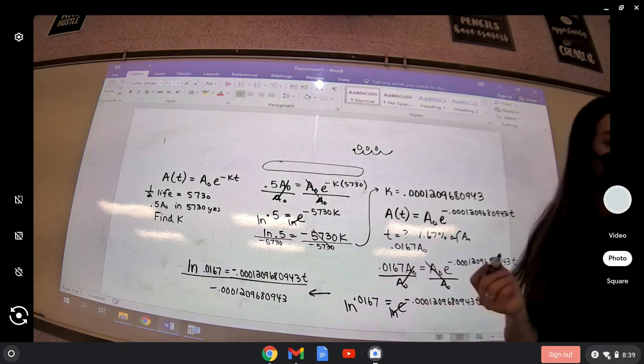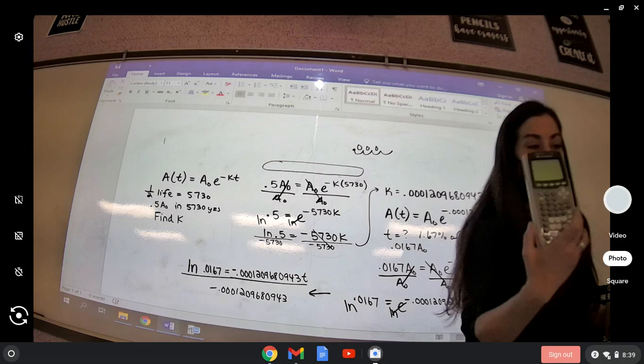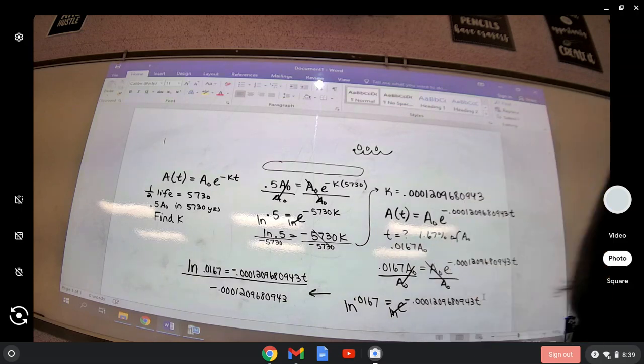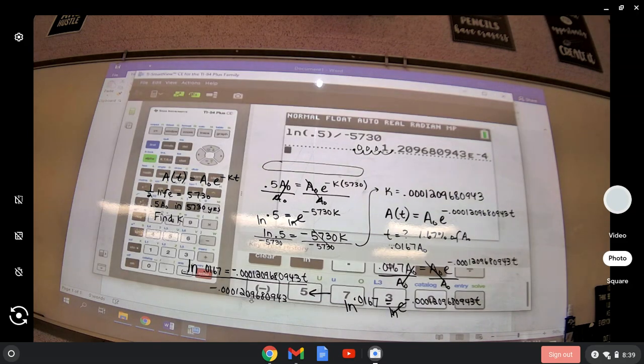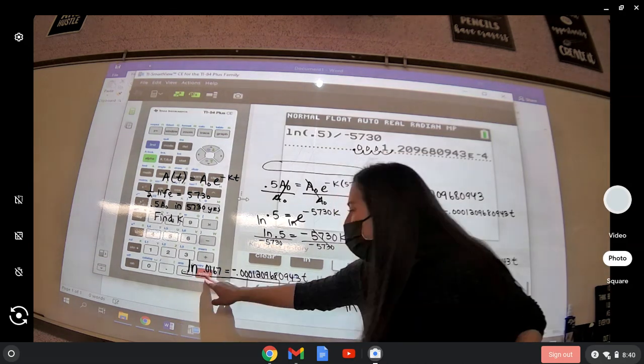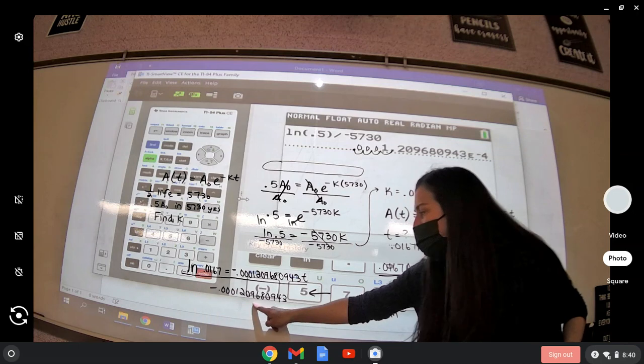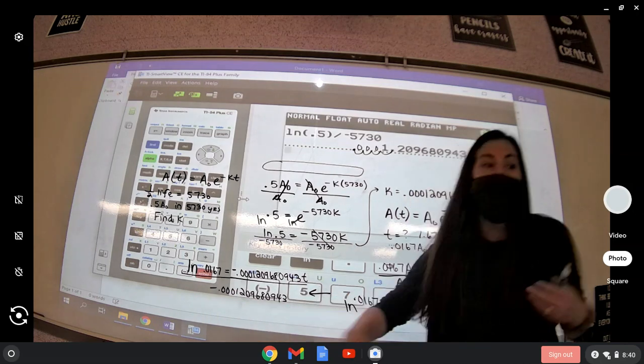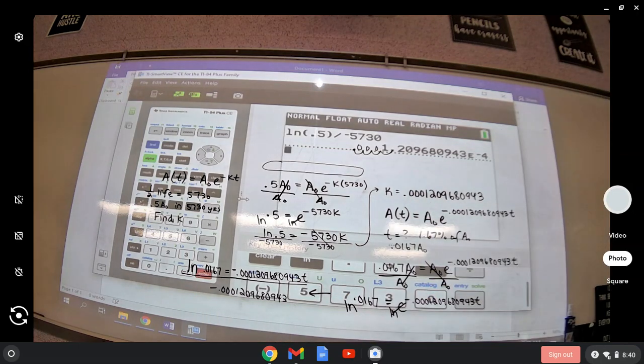Okay? All right, now guys, I'm not unbelievably great with these graphing tables. I didn't learn with them, but I did find yesterday that when you're using your calculator, and this maybe helps to keep things exact, as long as you don't clear your screen, my answer for K is still stored. So at the end of the day, I'm taking the natural log of 0.0167 and dividing it by K, that really big number that I had to keep writing down. You can just keep it stored in your calculator.